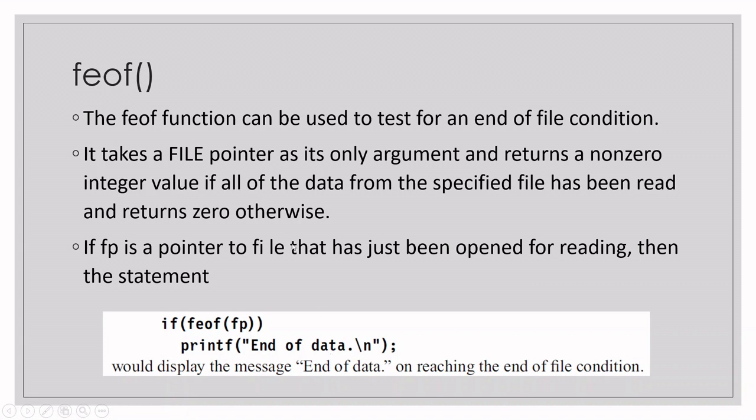So feof, in short, is a function for checking if end of file has been reached. If end of file is reached, it will return a non-zero value. If it returns zero, end of file is not reached.